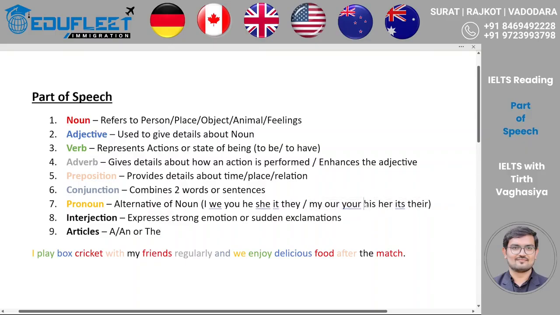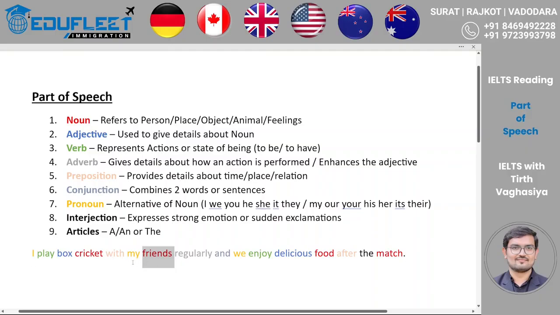Now, what is the purpose of this? This form is known as the relative form because it provides the relation. If you just look at this, my. This my is used to provide the relation with friends. I could have formed the sentence I play box cricket with friends.